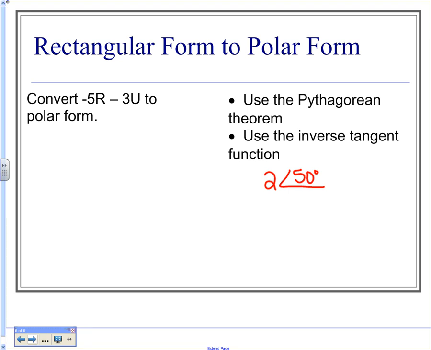So you're going to have to use Pythagorean theorem. What is Pythagorean theorem? And we're going to use inverse tangent. How do you find inverse tangent on your calculator? No, it's the tangent -1. Yes, tangent to the -1. All right, how would you graph that? Do you agree with Miranda?